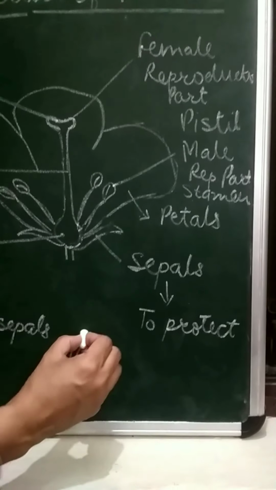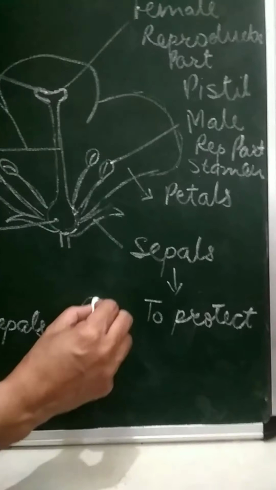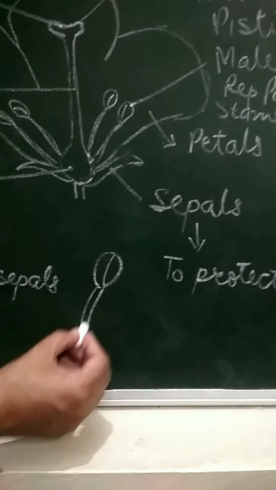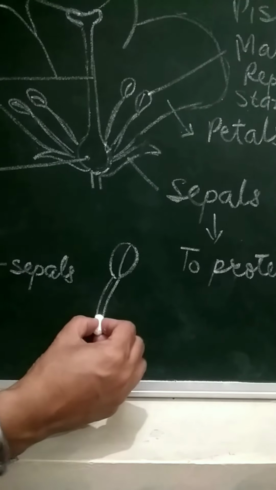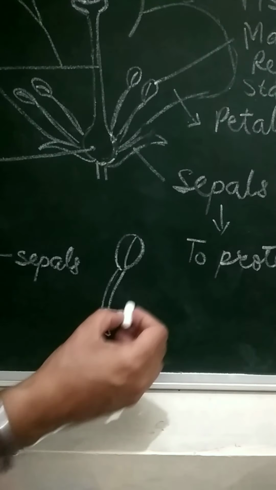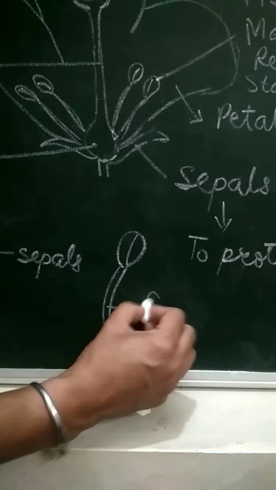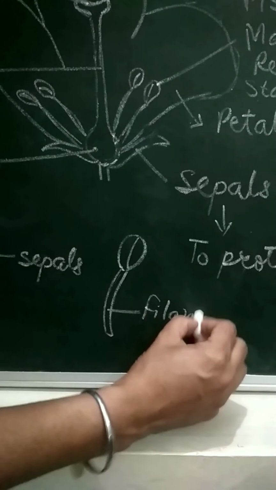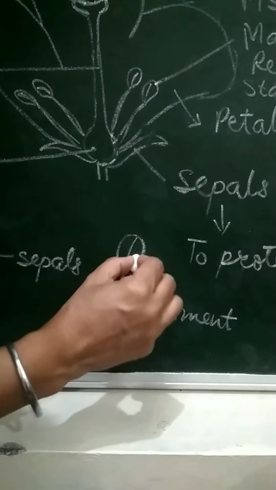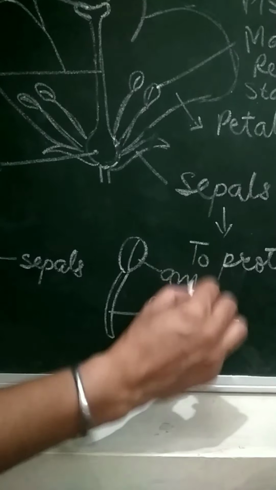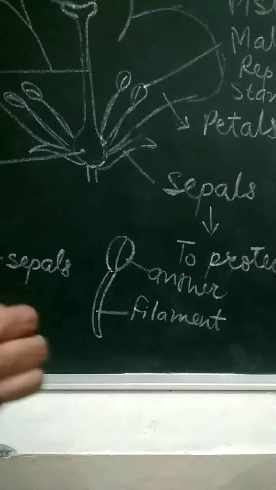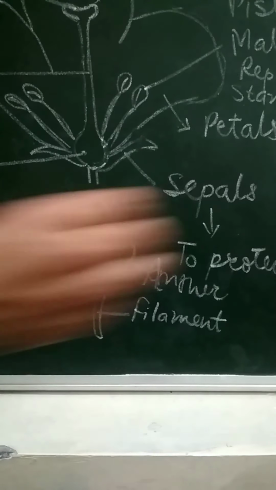In the stamen, you are observing two main parts: the stalk-like structure, which is termed as the filament, and the upper structure, which is termed as the anther.